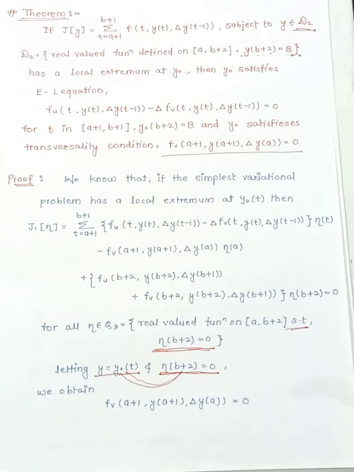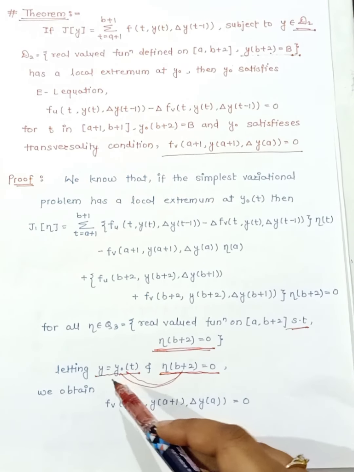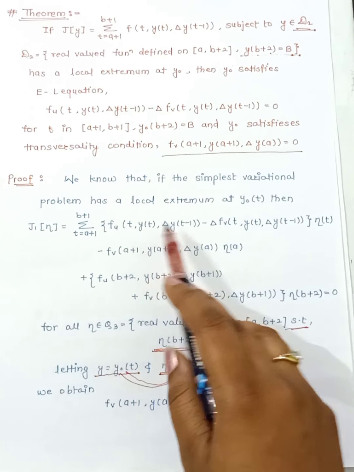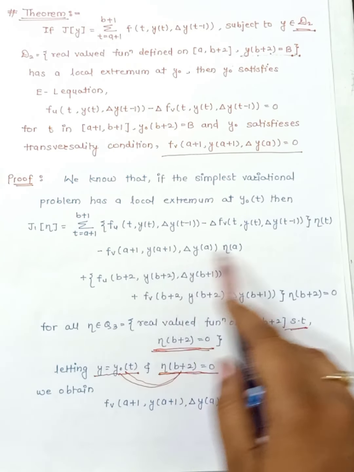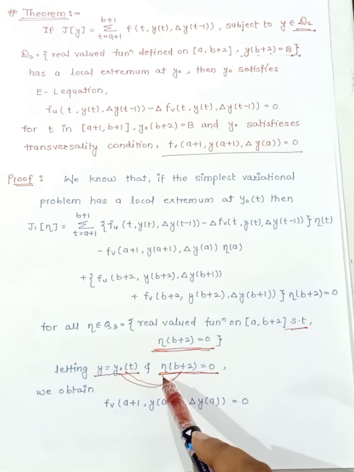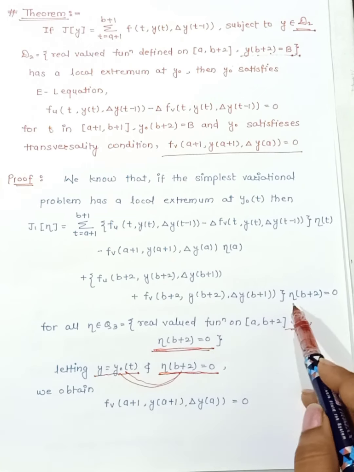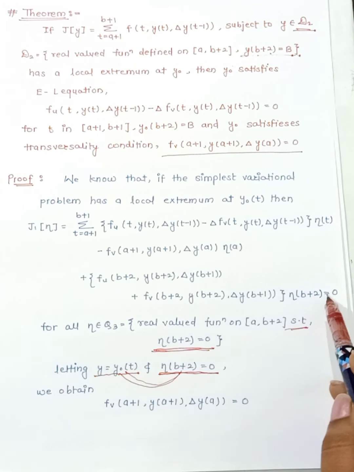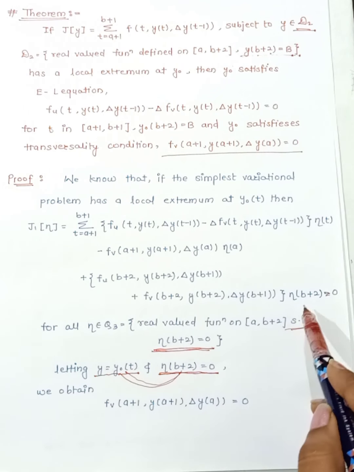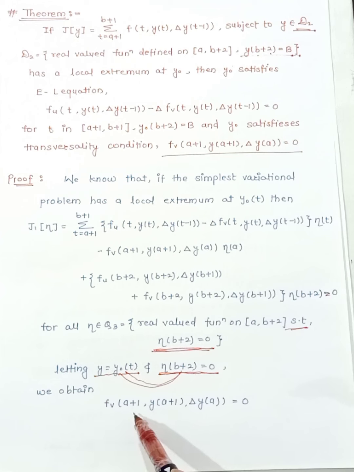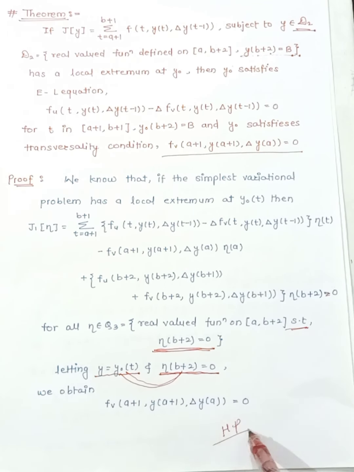And how do we get it? We put y = y0(t) in the place of y. We kept y0(t) in this whole term, and also η(b+2) = 0, so wherever we have η(b+2) we put 0 there. So this whole term will be 0 and we get f_v(a+1, y(a+1), Δy(a)) = 0, and hence this theorem is proved.